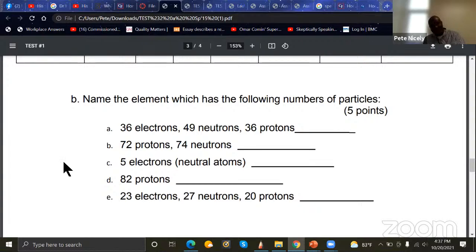So the first question gives you some number of different items. Where am I going to put this? Okay. So in the A part, it says 36 electrons, 49 neutrons, and 36 protons. So how would you find out the element that is described by this?